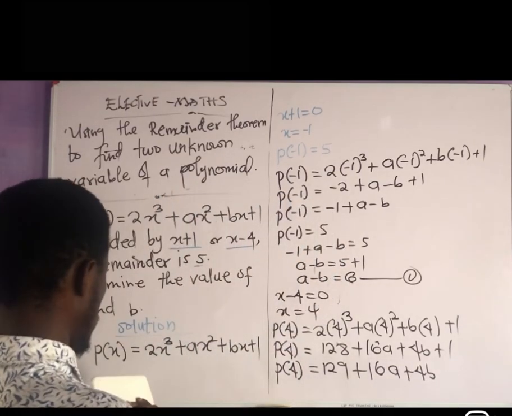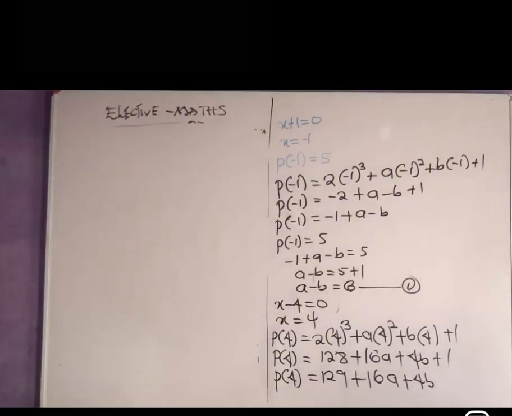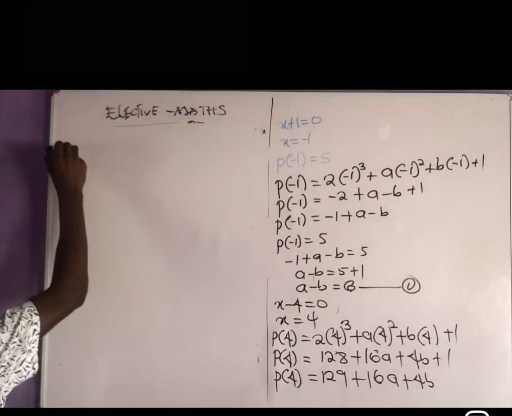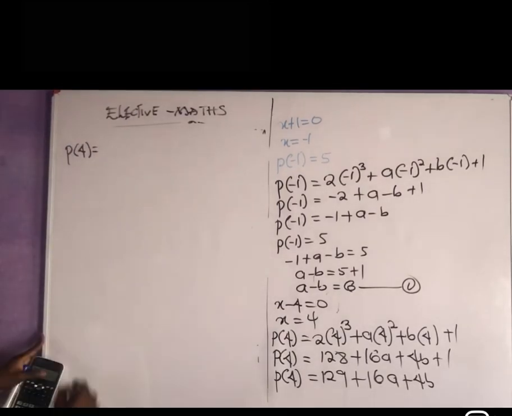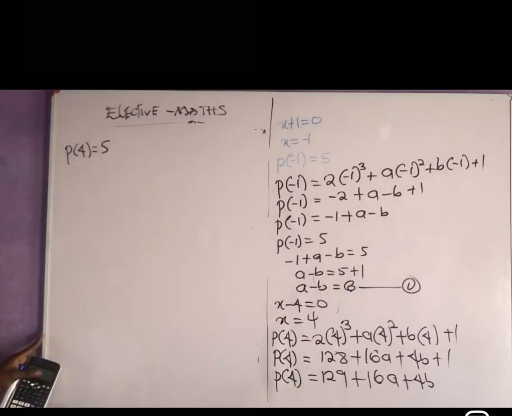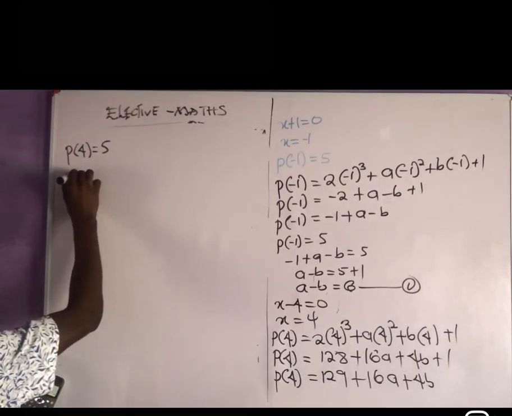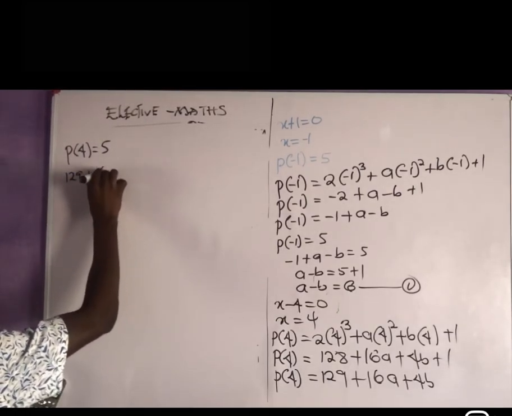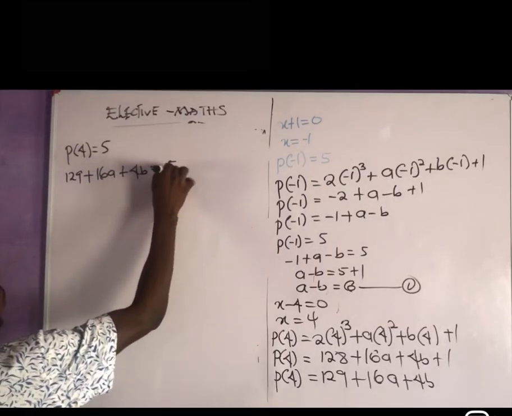Alright, now let's move to p of 4. And I said that p of 4 is equals to what? 5. This one, which is 129 plus 16a plus 4b will be equals to what? 5.